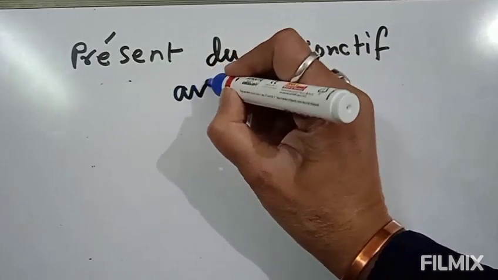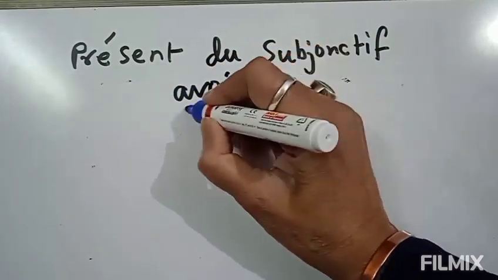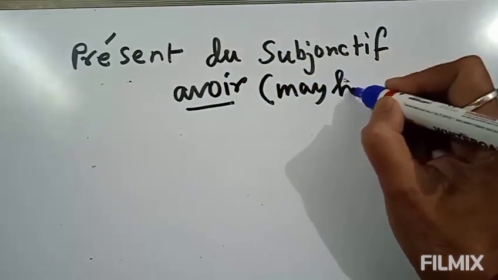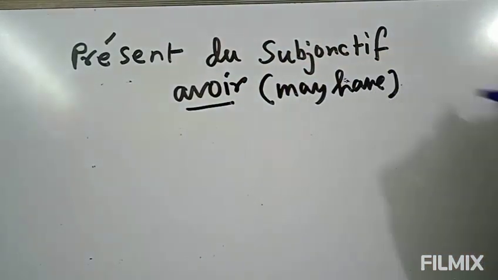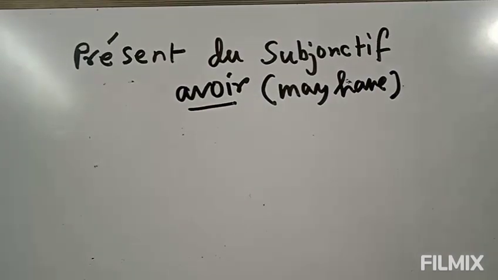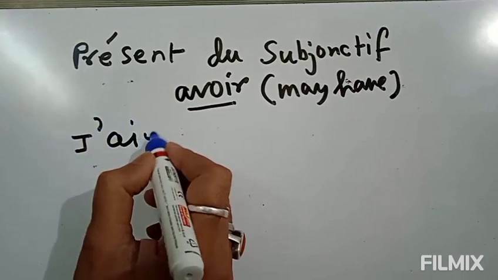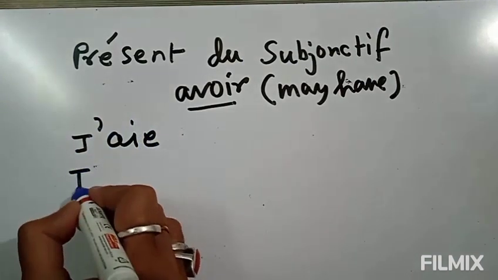Next verb is avoir, présent du subjonctif. The actual meaning will be may have. Our verb is have, but présent du subjonctif means may have. Que j'aie, this is the first form.